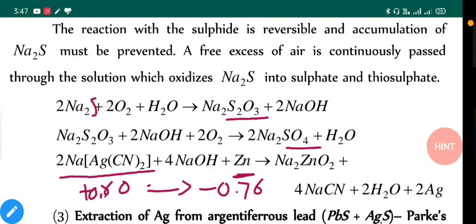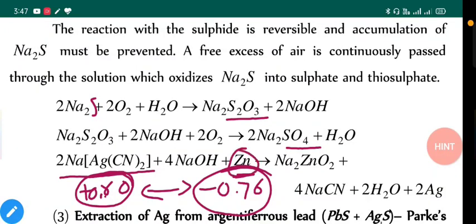So we have a large difference between them, and the higher the value of reduction potential, the more the tendency of reduction, and the lower the value, the more tendency of oxidation. So the normal tendency of zinc is to get oxidized, and for silver it will be to reduce. That's why after the reaction you will get a zinc compound and silver in metallic form. Metal silver is insoluble, so just filter it and you will get solid pieces of silver.